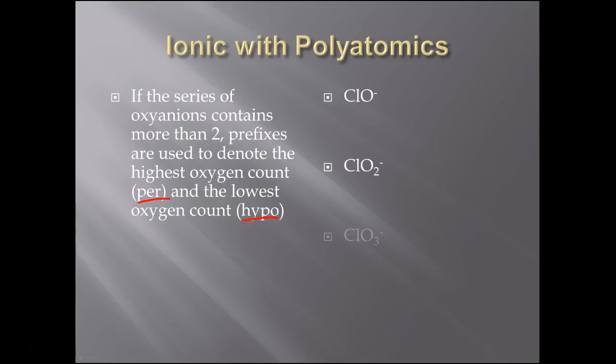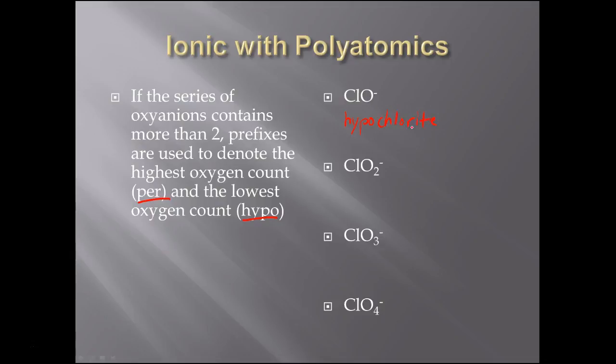And so if we take a look at this series here with chlorine, there's 4 different possibilities. We've got 1 oxygen, 2 oxygens, 3 oxygens, and 4 oxygens. The lowest one, we are going to use the prefix hypo-, so we're going to name it hypo-, and then it's chlorine, but it's a lesser amount of oxygen, so we need to change it to chlorite.